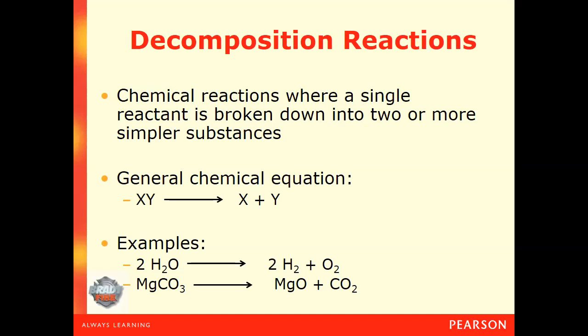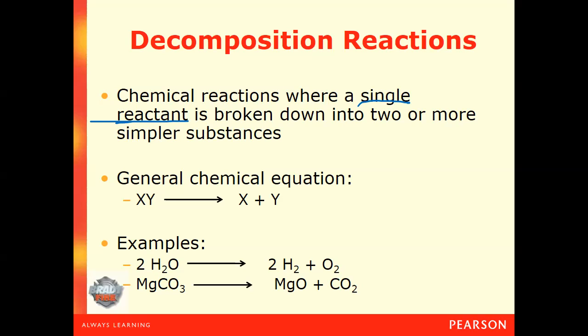The decomposition reaction. Notice that the decomposition reaction is kind of the reverse of the combination reaction. In this reaction, what we have is a single reactant breaking down into multiple products. And again, the format of what those products look like depends on what the reactant is.